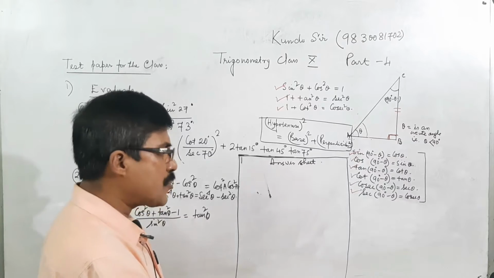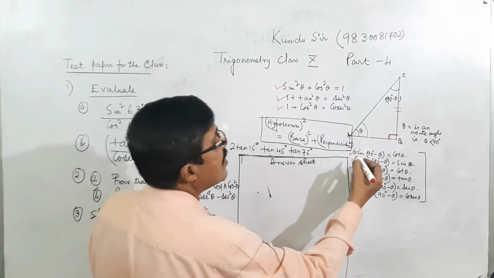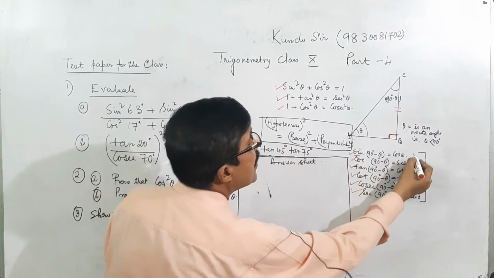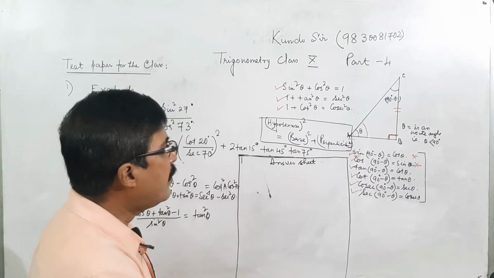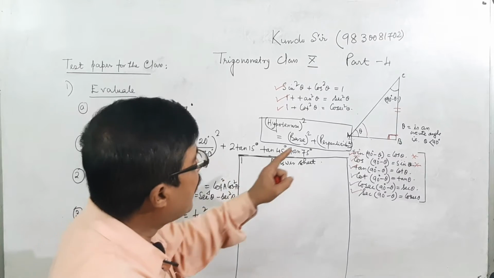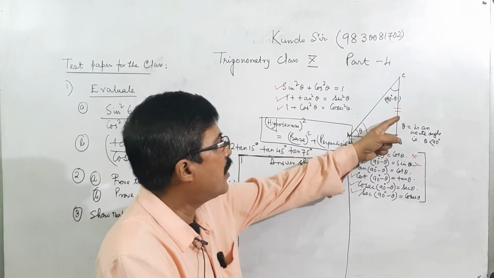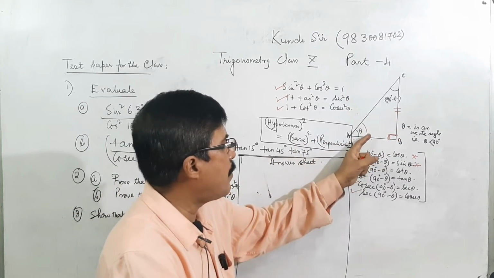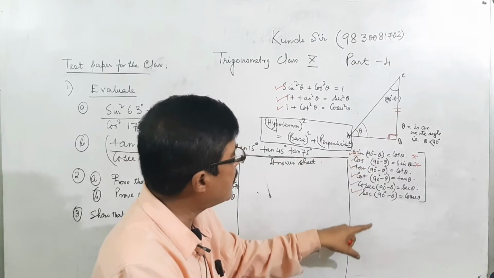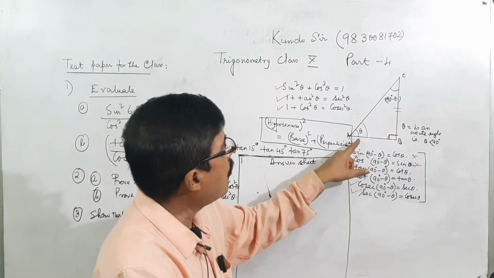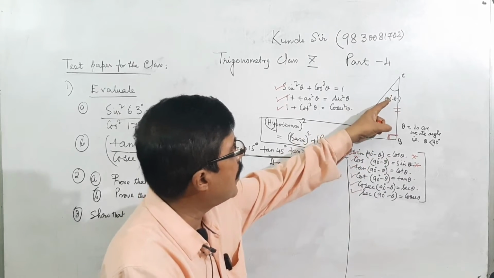But I am assuring you, in the next class I will explain all of this. I will draw a figure and we will consider the altitude as base and base as altitude, and we will make all the formulas, and then the acute angle is to be considered this one.